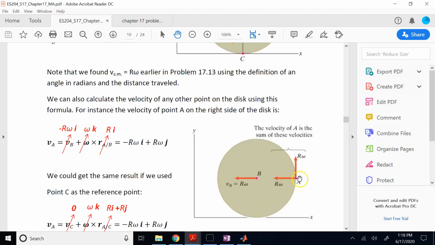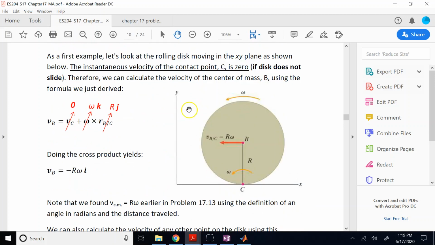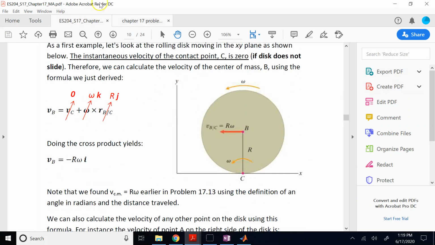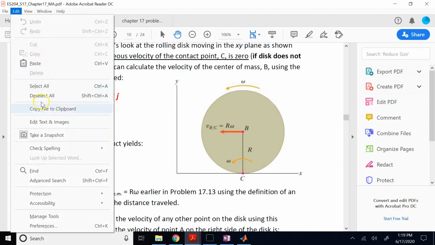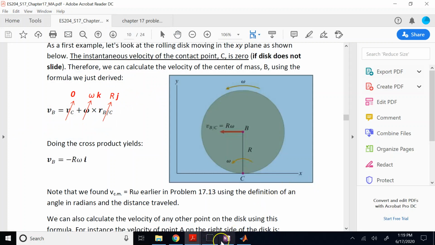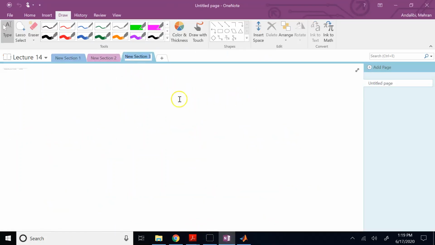Or maybe the velocity of a point here on the left or right of the centroid. So what I would like to do with you, if you don't mind, is take this picture out of here and take it to OneNote, and then we analyze this problem together.